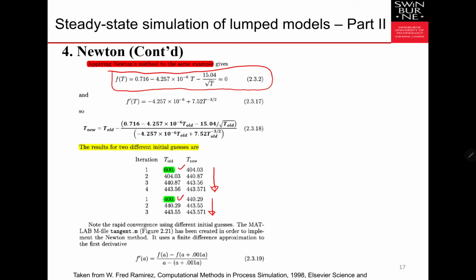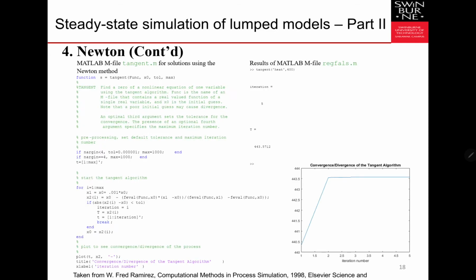We can also solve this one using a MATLAB code. In the MATLAB code, we use a finite difference approximation, so instead of using the analytical derivative calculations, we use a finite difference approximation. This M file function called Tangen will need 4 inputs: a function, x naught, which is the initial guess, a tolerance, and the maximum number of iterations.